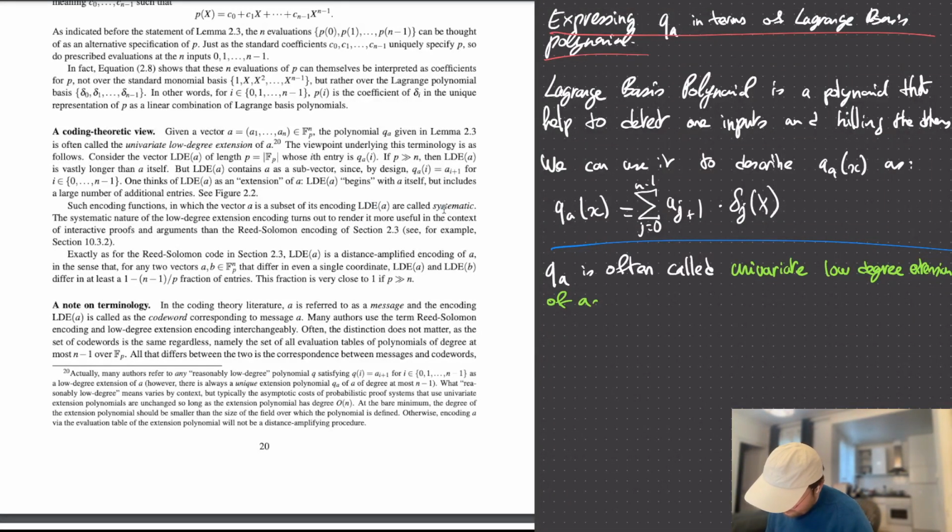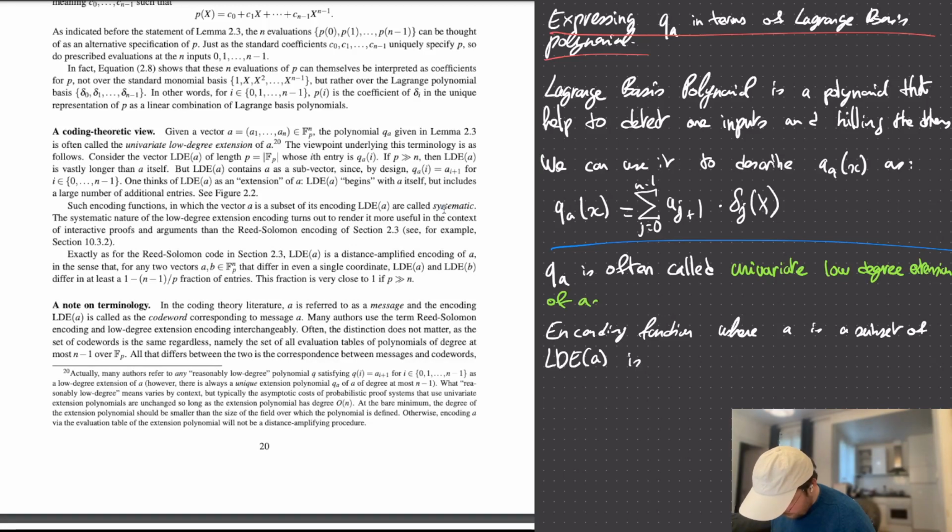So it's important: encoding functions where A is a subset of LDE of A are called, I know it's not exactly the right word, systematic. I'm not using the exact word, but I don't care, it's for my own notes.